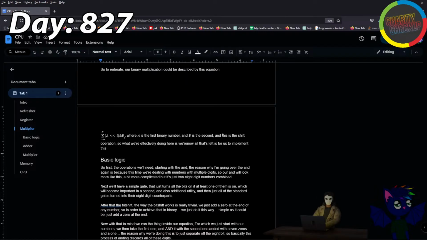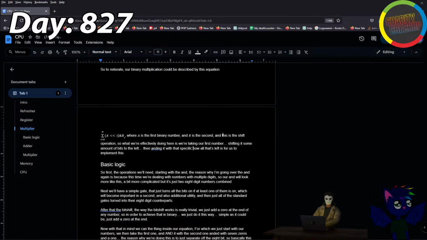Was I doing it right? Shift is we're taking our first number, shifting it bits to the left, then ending it with that specific digit of our second number.